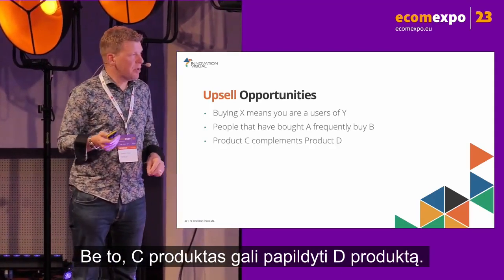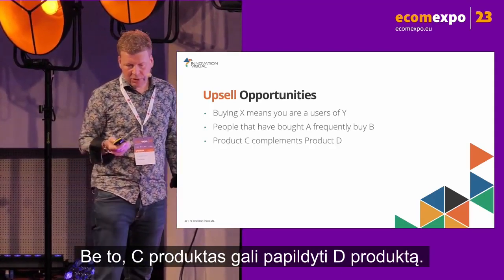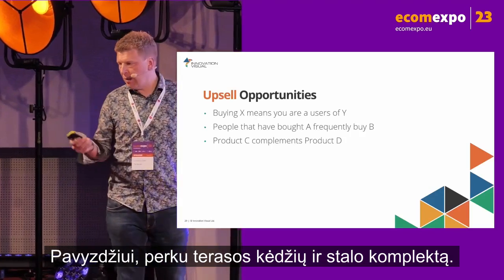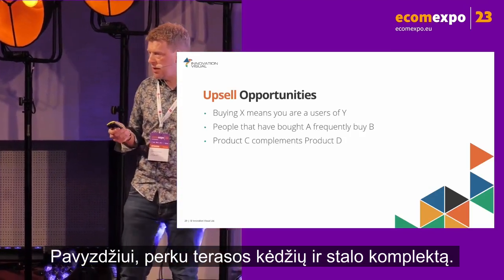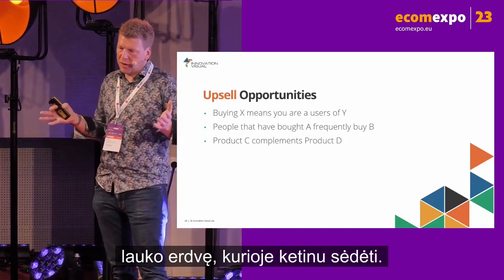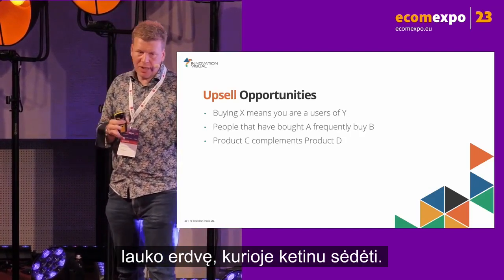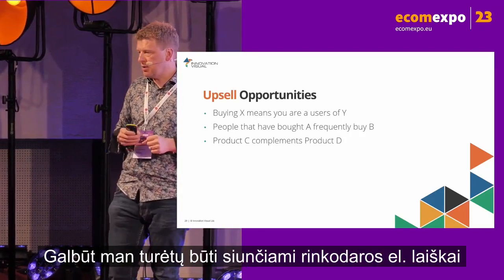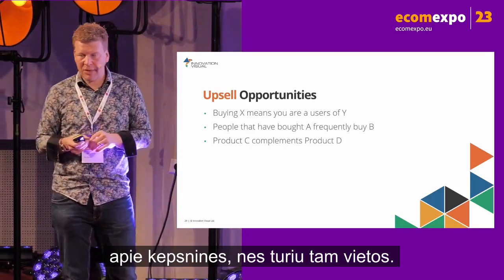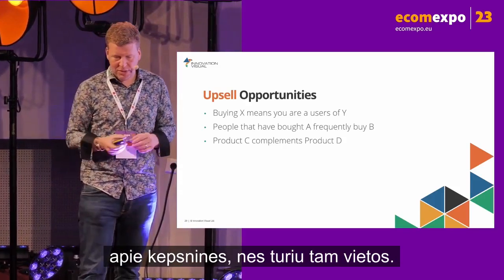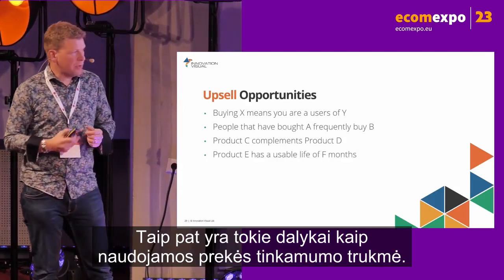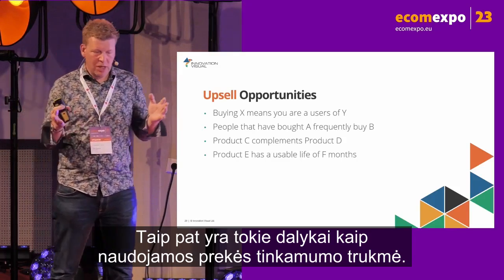Also, product C might complement product D. So that could be something like, I buy a patio chair and table set. Well, that indicates that I've got enough outdoor space that I'm going to be sitting out there. So maybe I should be sent marketing emails about barbecues because I've got the space to do it. And then you've got things like usable product lifetimes.